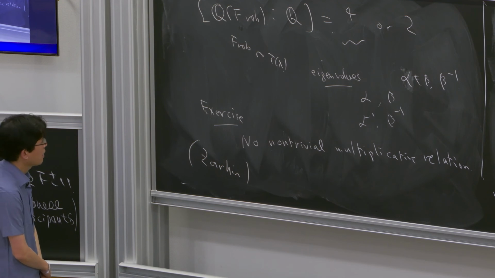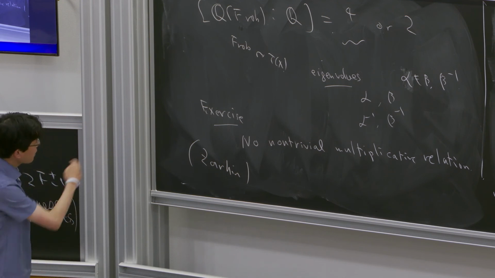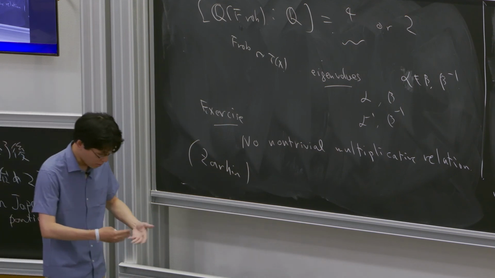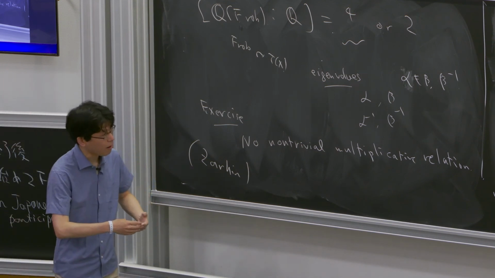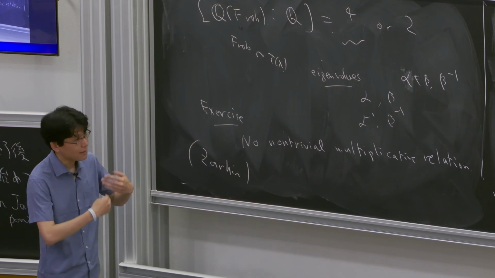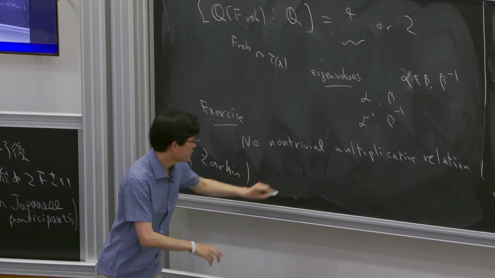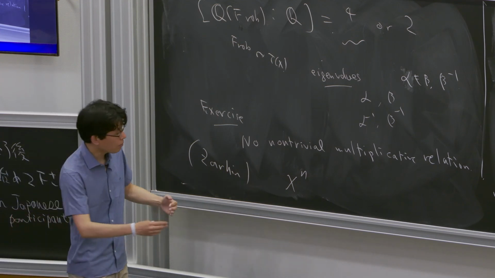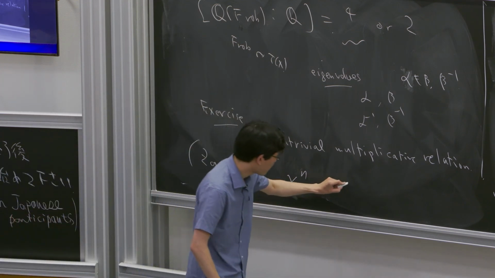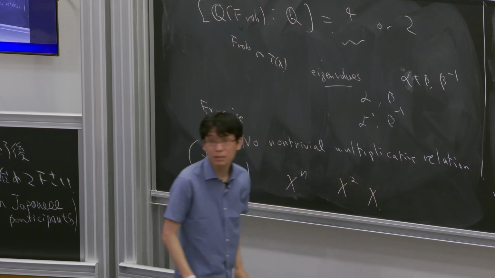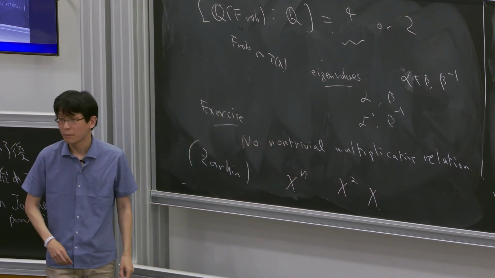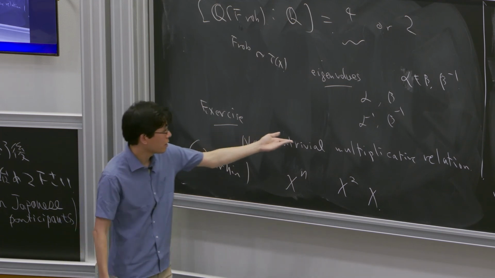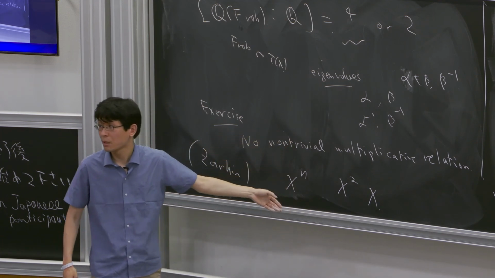And this exercise tells us that Tate classes in higher powers, since we are considering higher powers, are just controlled by Tate classes in X squared or X. Because to get an extra Tate cycle, you need a non-trivial multiplicative relation.